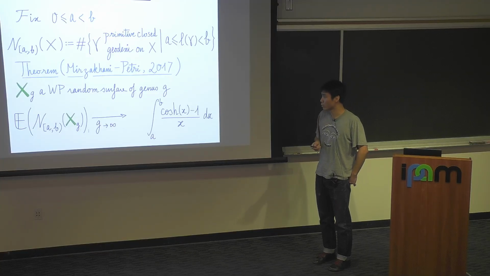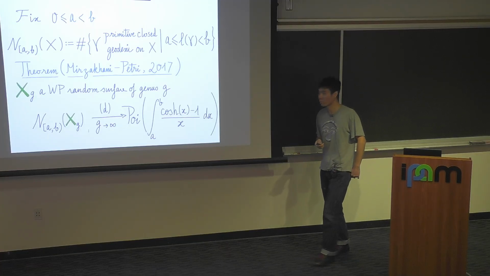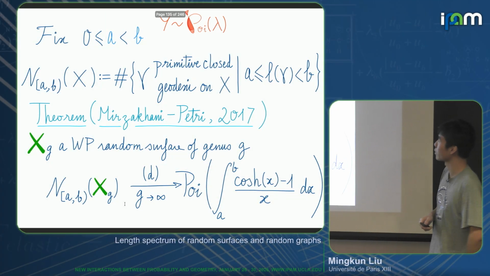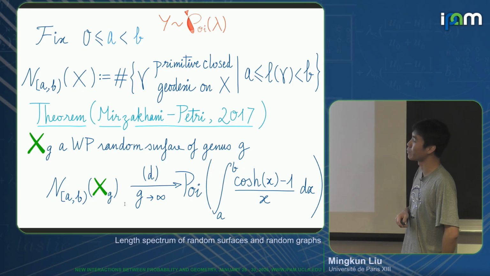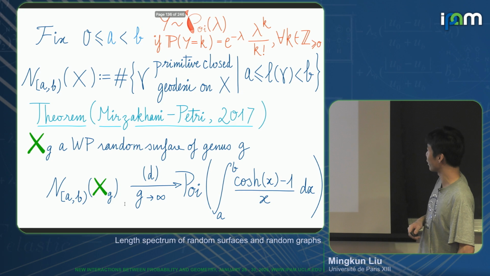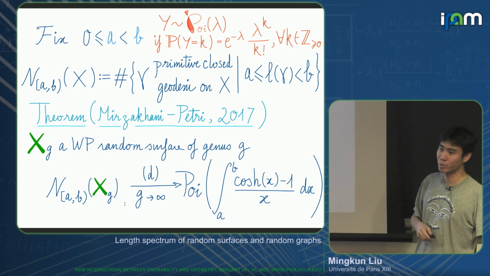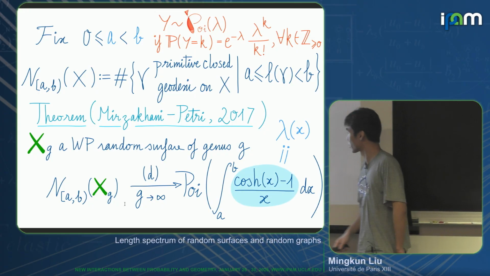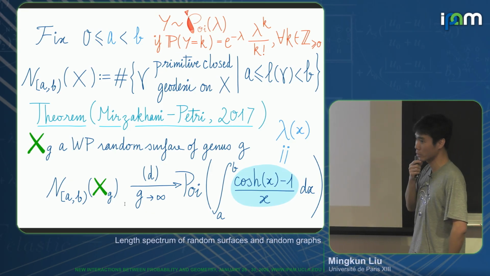Actually, what they really proved is that this random variable converges in distribution to the Poisson distribution of the same parameter. I don't think the audience needs this, but let me do it anyway: a variable follows a Poisson distribution of parameter lambda if the probability that Y equals k is given by this formula. This function will appear several times during the talk, so I will give it a name and call it lambda.